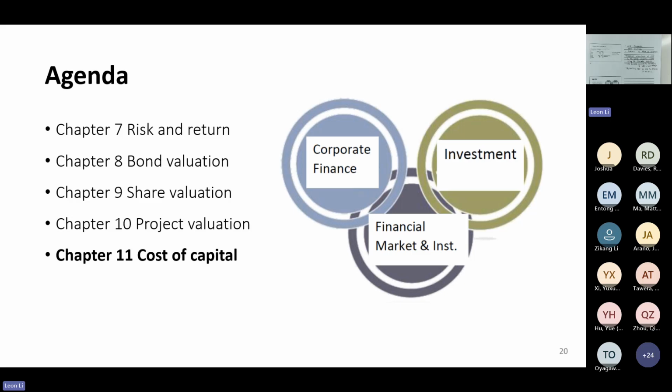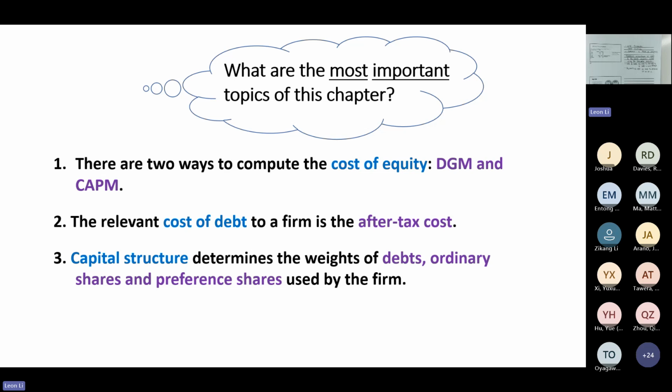Now, chapter 11, cost of capital. This is the important topic of this chapter. We have two ways to compute cost of equity, the DGM model or the CAPM model. For the cost of debt, we need to use the after-tax cost of debt. Capital structure determines the weights of debt, ordinary share, and preference share used by the firm.